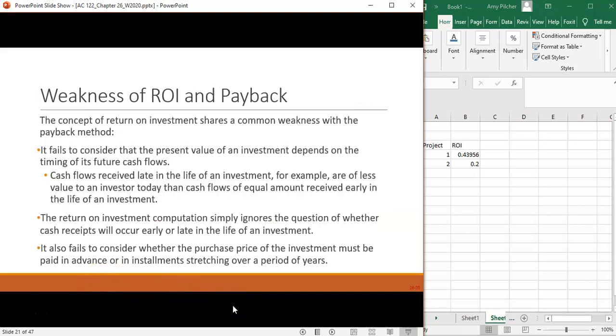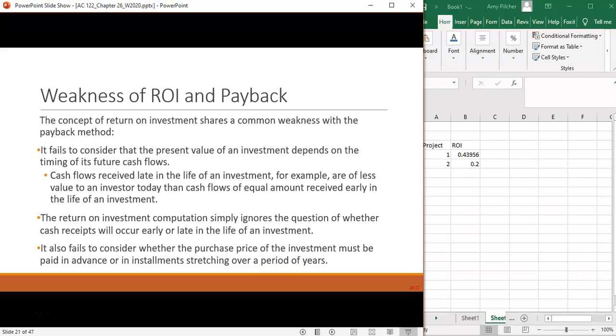So the return on investment has a common weakness with the payback period. It doesn't take into account the present value of the investment by looking at the cash flows. So when we talk about the present value of money or the time value of money, the future value of $1 is what we're looking at.